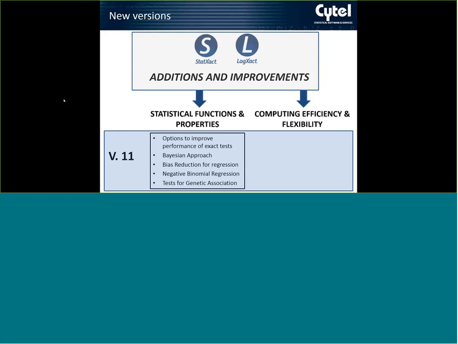A Bayesian approach that's been added now, new tools for regression, including a bias reduction tool that I'll be illustrating later, and also the ability for researchers now to carry out a negative binomial regression within LogXact, and also a new toolkit that includes tests for genetic association.